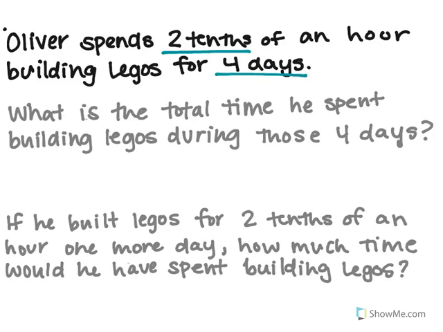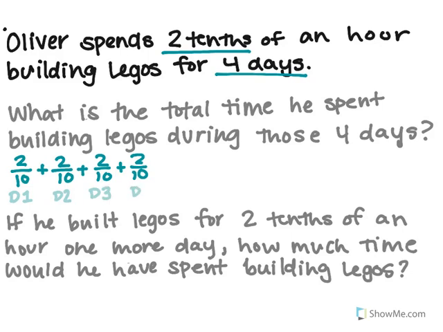Oh, I think a lot of you called out like this, saying, I could do 2/10 plus 2/10 plus 2/10 plus 2/10. Because this was how much time he spent on day number 1, day number 2, day number 3, and day number 4. So all together that would equal 8/10, which I can now turn into a decimal.